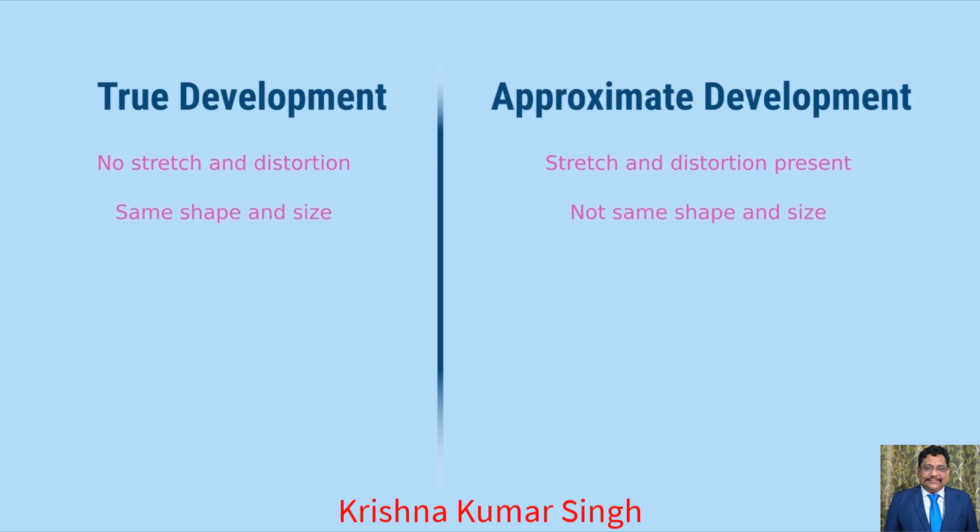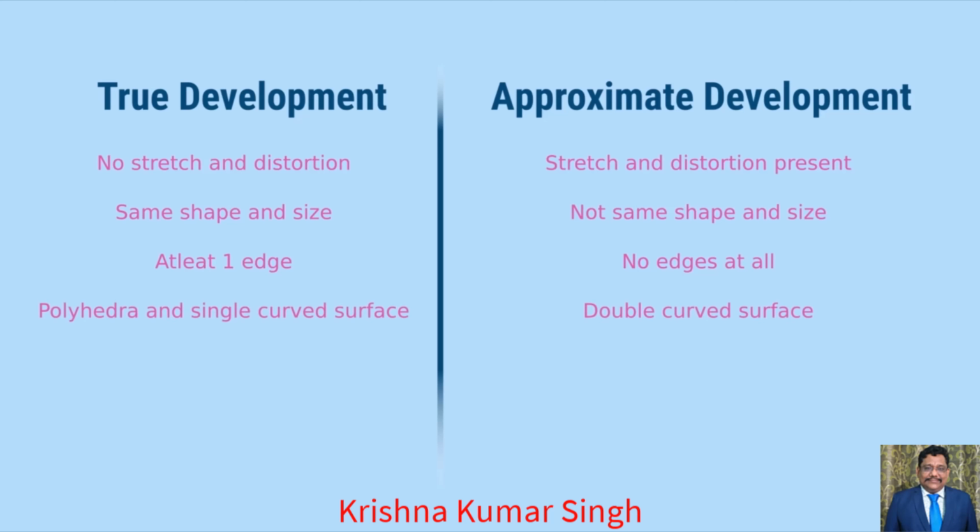The resulting flat patterns in true development are of the same shape and size, while in an approximate development, the resulting flat surfaces are not of the same shape and size. True development can be used to develop solids which contain at least one edge, while an approximate development develops the solids which do not contain any edges at all.